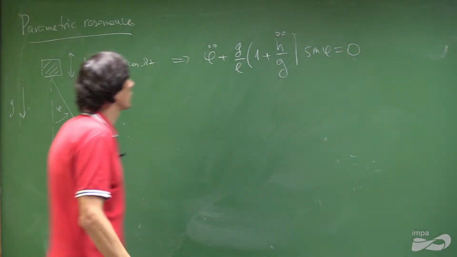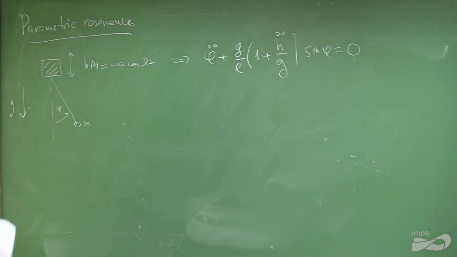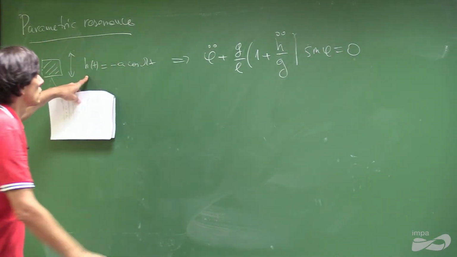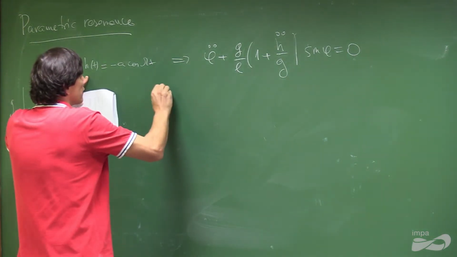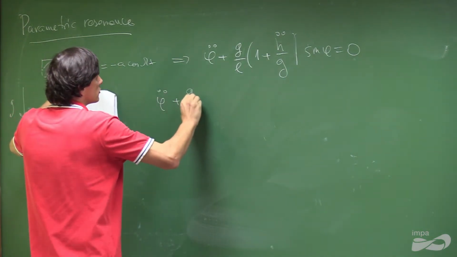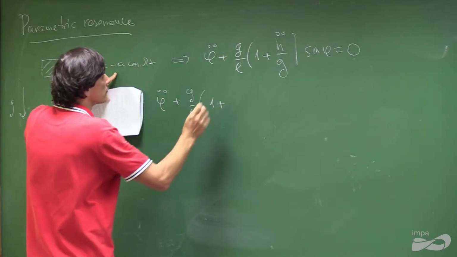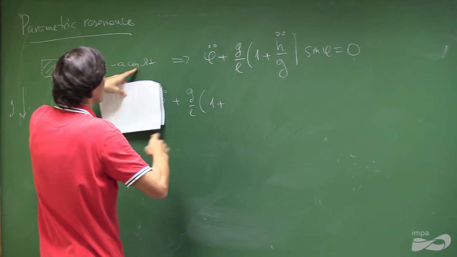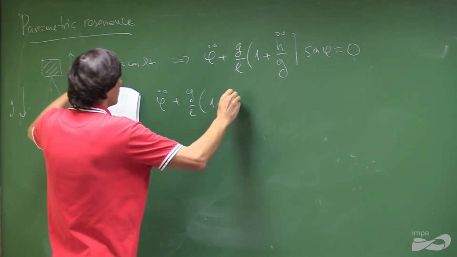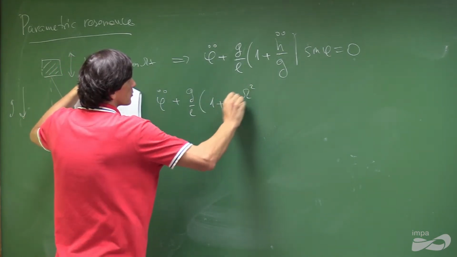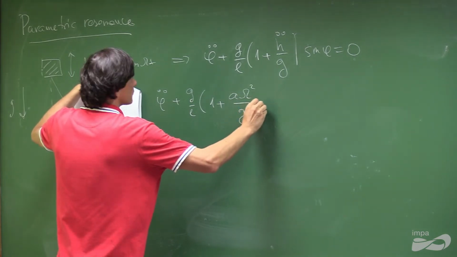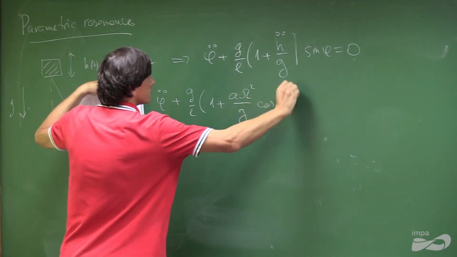So this was one of our first lectures. And now you just substitute this, and you get phi double dot plus g over L, 1 plus (the second derivative will give a plus) a omega squared over g cosine omega t.